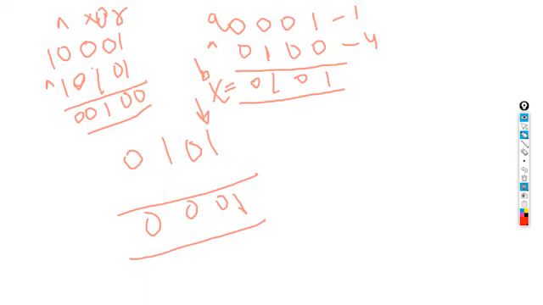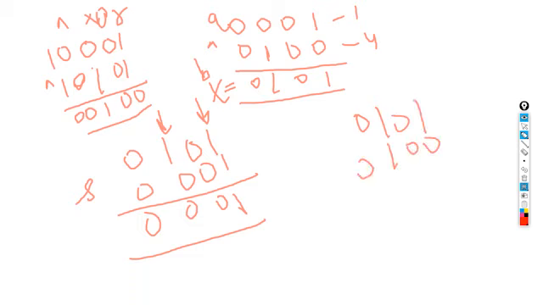What is this? This is nothing but an AND operation with the number 0001, which will yield me 0001. And for this specific position, I will take a mask of this type, a number of this type, and do an AND, which will result in this one.